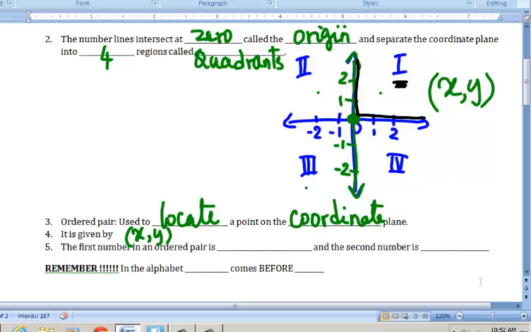Make sure that this is the norm that you follow. The first number is x, always. There is no exception to the rule. And the second number is y, always. Again, no exception to the rule. And we also mentioned this before in class. Remember that in the alphabet, the x comes before y, and that's how you can remember which one goes first.